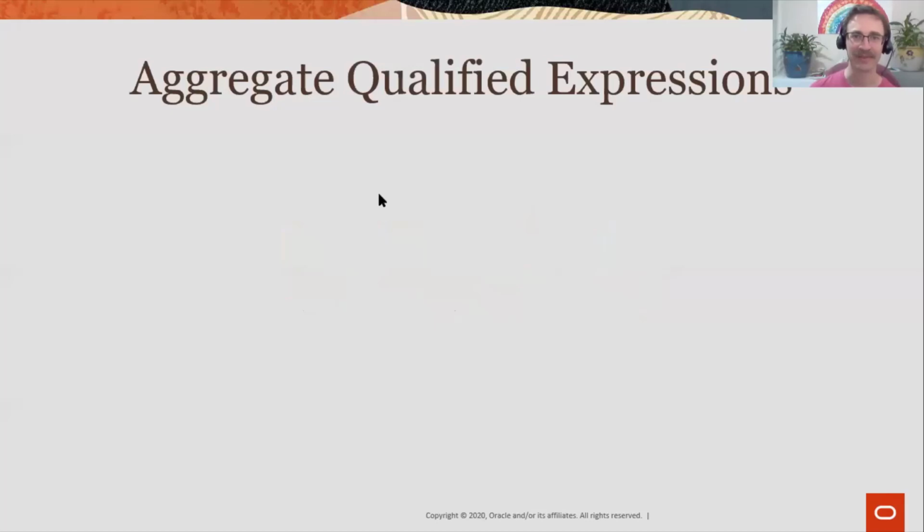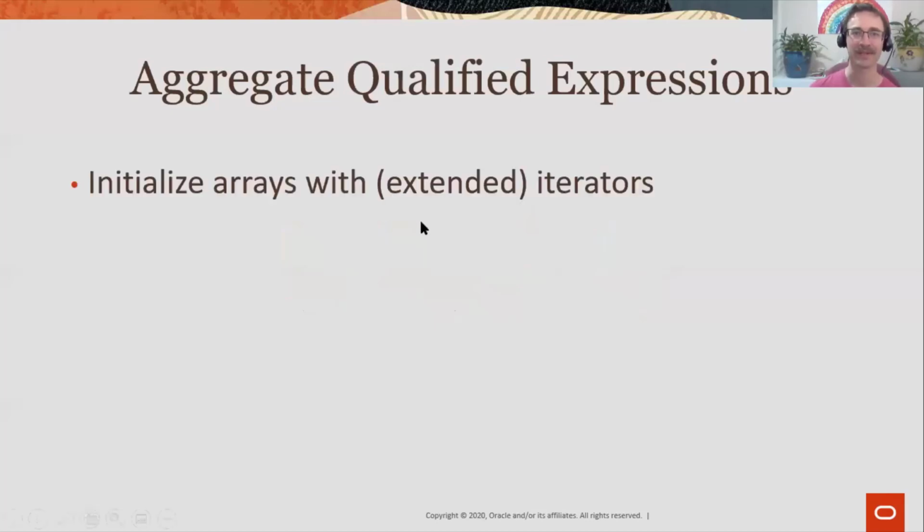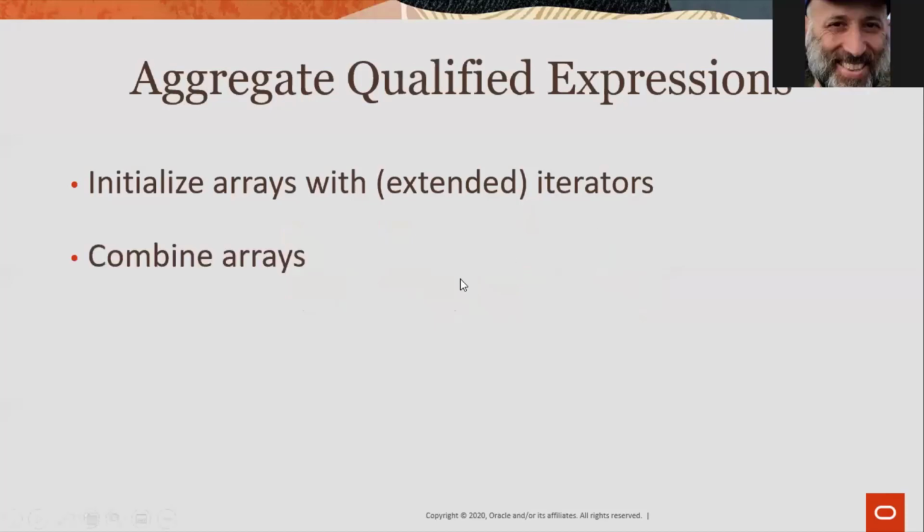All right then. Let's just recap on those very quickly. So we can now use our iterators to initialize arrays, and that has that full extended iterator syntax, so you can do all sorts of crazy, weird, and wonderful stuff. However, probably the thing that is most useful for you will be combining two arrays, merging two into one, or even three or four into one. I'm sure for some of you that's going to be a lifesaver.